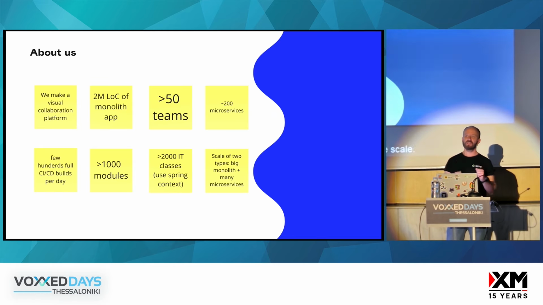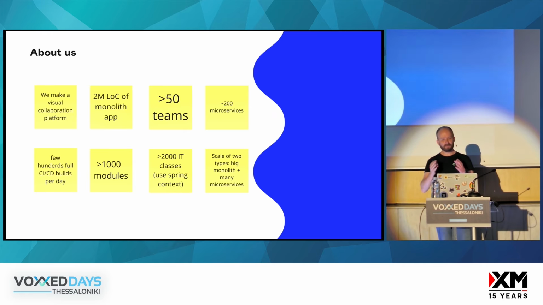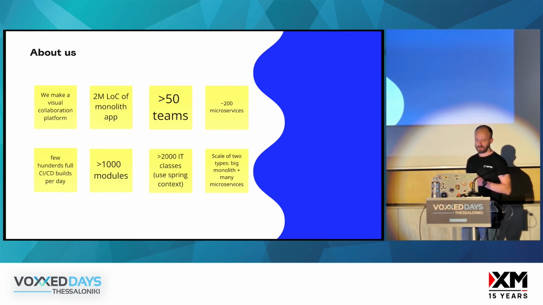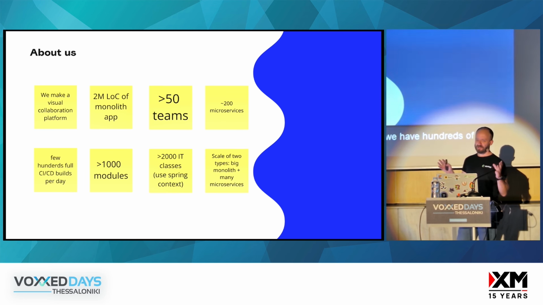One is a huge monolith application, and when you have lots of microservices that run on the same CI/CD environment, it's also a trouble which you need to optimize and solve. We also have hundreds of builds in our CI/CD per day, so our scale is quite big. The monolith application is also more than 1,000 modules.